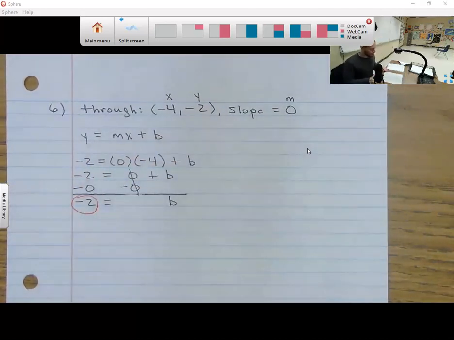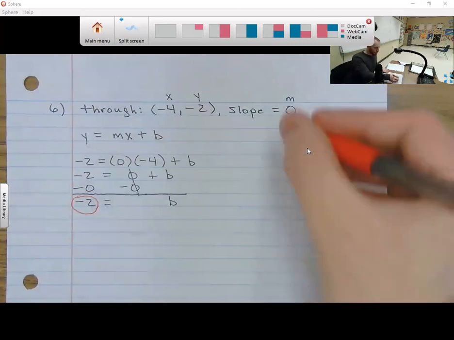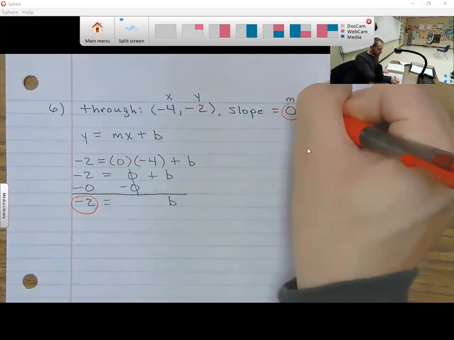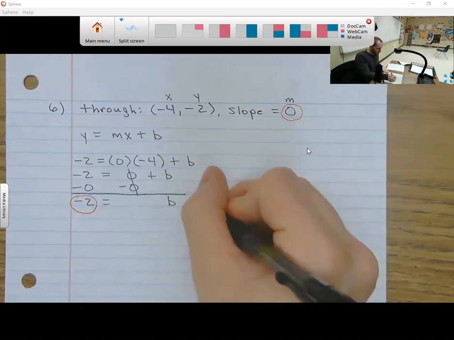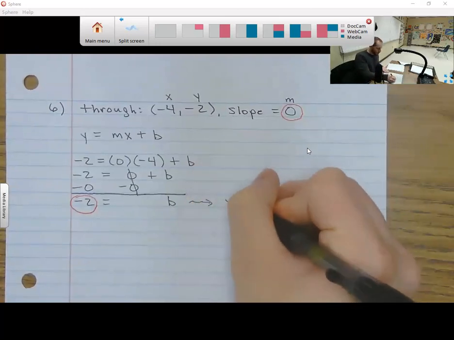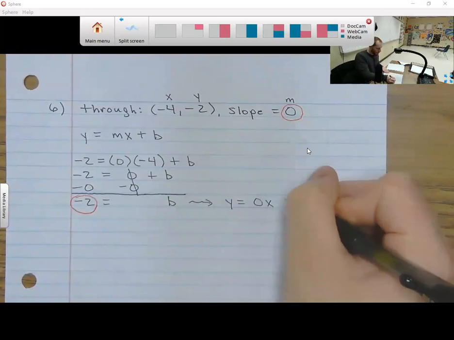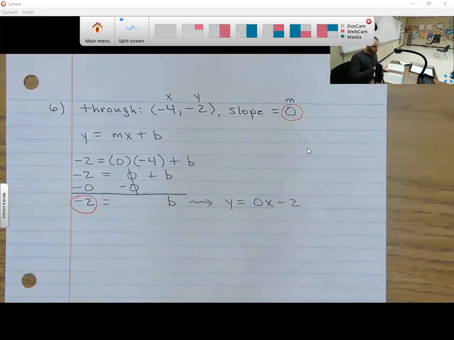So I circle the y-intercept, and I also want to circle the slope because that's the other piece of information that I need. And now, once you know these two numbers, you can just plug them into the slope-intercept formula. So I'm going to get y equals 0x minus 2. Now, if you know that anything times 0 is 0, then you can pretty much rest assured that 0x is just going to be 0.